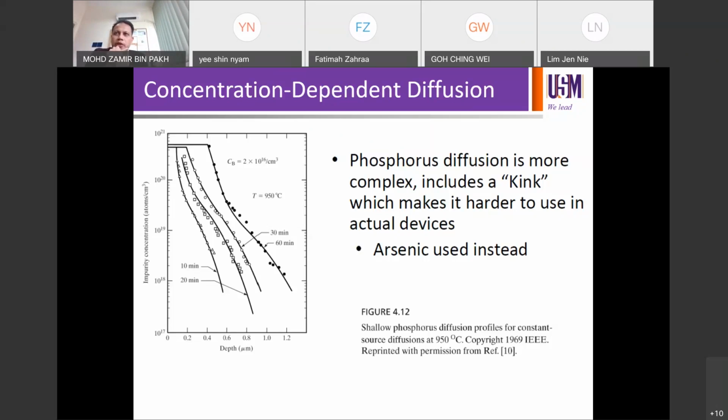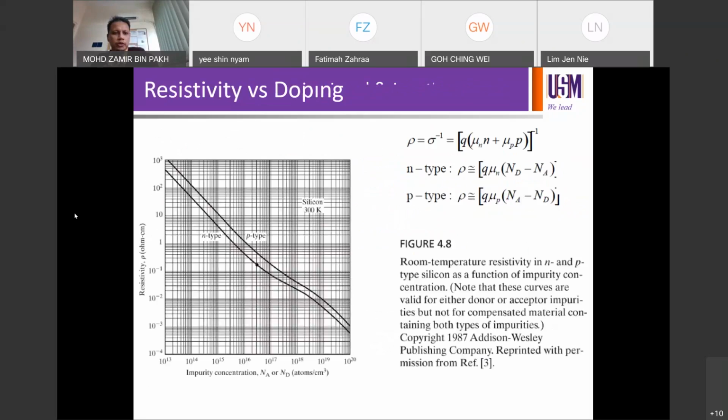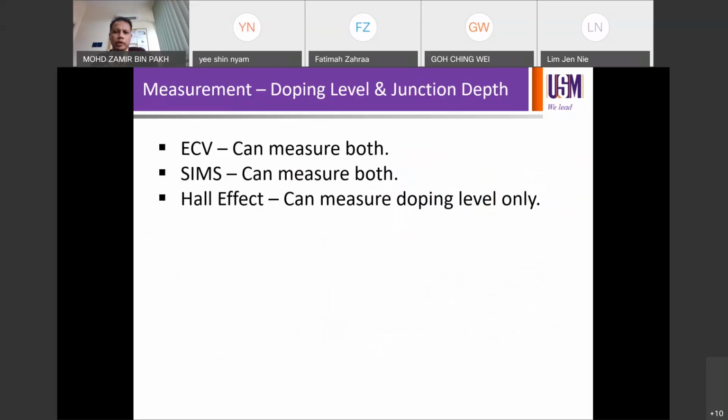And they can be characterized by a couple of techniques that we have discussed. For example, you can use ECV to measure both doping level and junction depth. You can also do SIMS as the alternative to ECV, which can also measure both the doping level and junction depth.